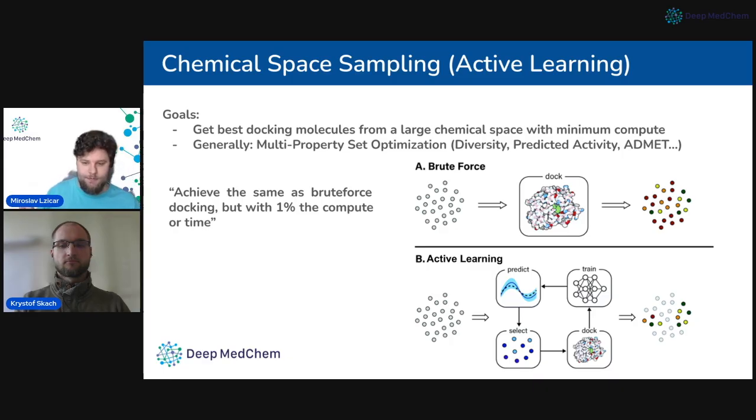And this is very efficient, and by some loop like this, you can usually achieve huge enrichment with a fraction of compute. And the chemical space sampling is some idea like this, so how to optimally sample molecules from the chemical space to achieve maximum with minimum compute.